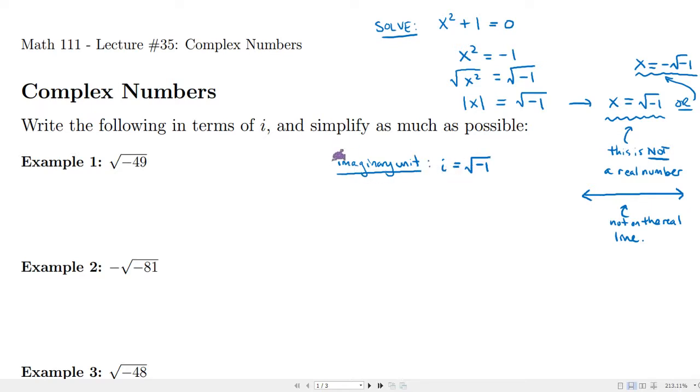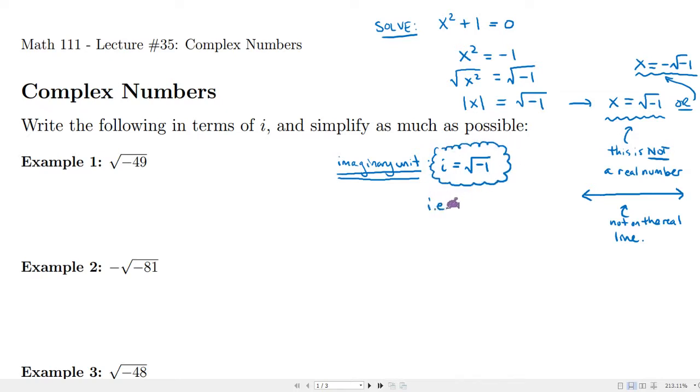So from this point on, you don't have to remember where it came from, but at least you see the context of why we have to introduce such a thing. This would be the solution, and we're just going to denote that as i. So from now on, just remember that i is going to be the square root of negative 1.